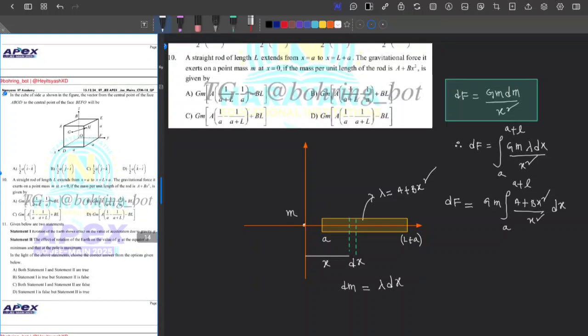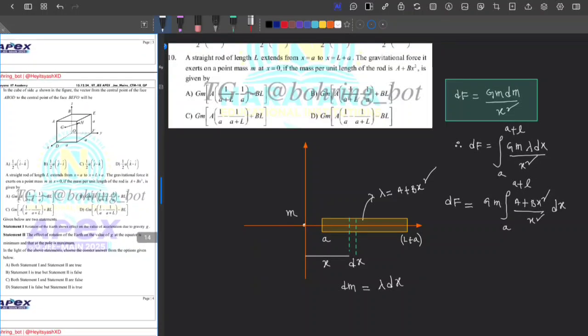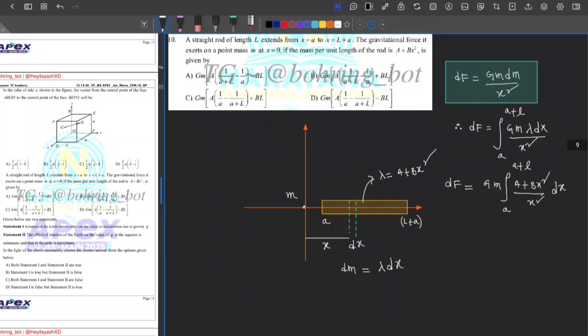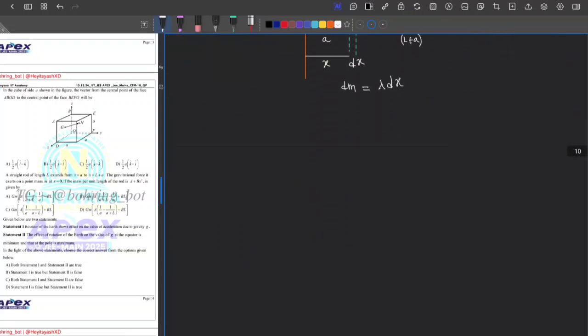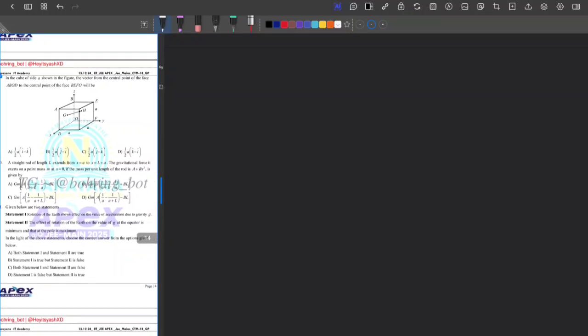Question number 11 is again from gravitation only, but it is kind of a silly question, which is based upon the factors affecting gravity. So let me pick out that question.